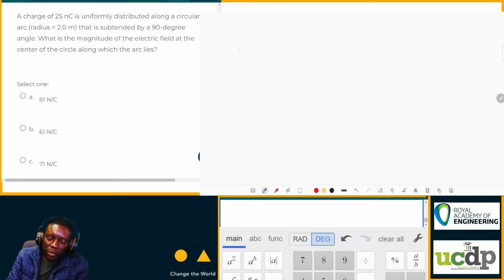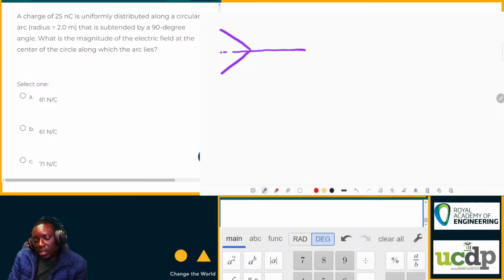It's a distribution, let's see if I can simplify it like this. If this is our x-axis, then maybe 45 this way and 45 that way. Is that 90? No, it's not really 90, but anyway, it's more of an estimate.